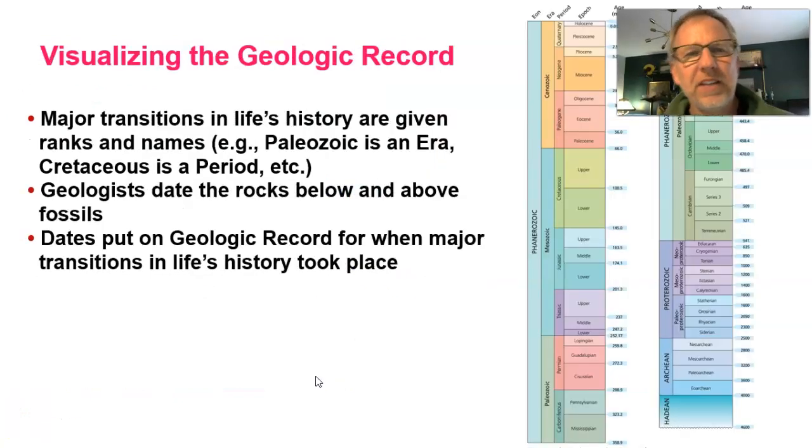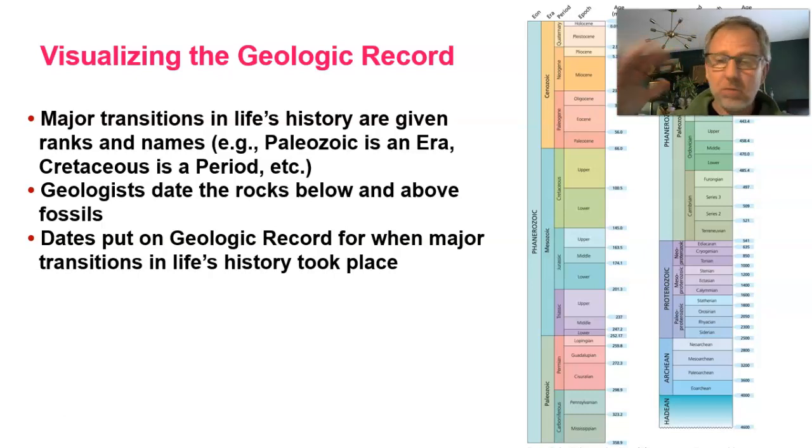So now we get to the geologic record, and the geologic record is basically a table. It's a figure that geologists put together mostly in the 1800s through surveying. What the geologic record shows is the major transitions in life's history that we've learned from the fossil record.